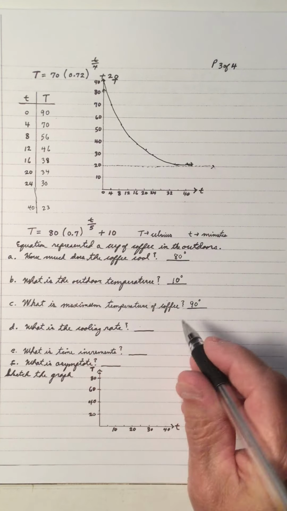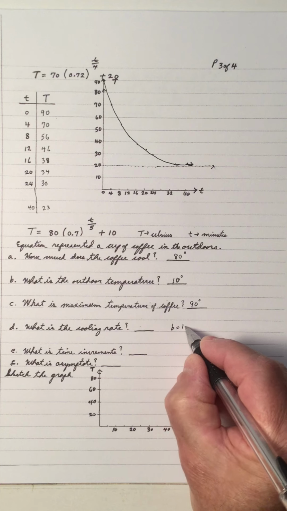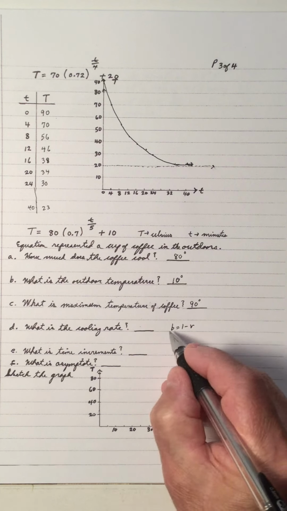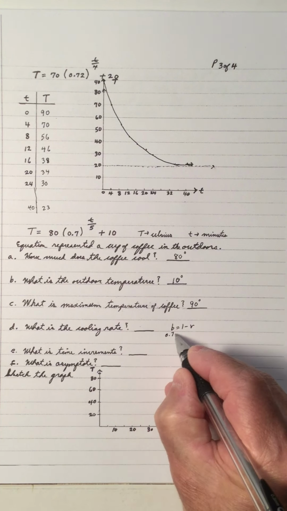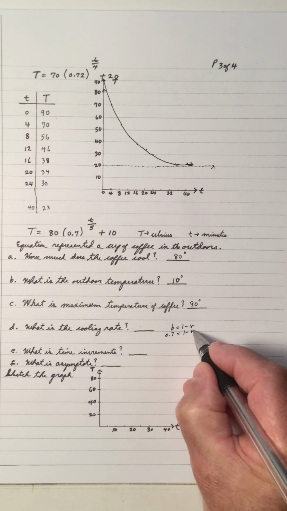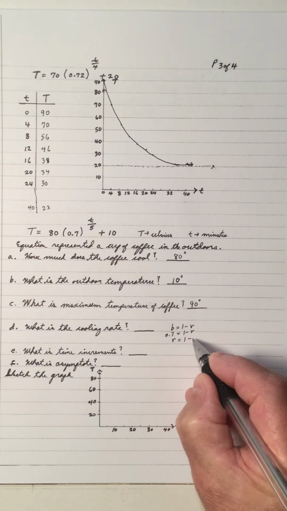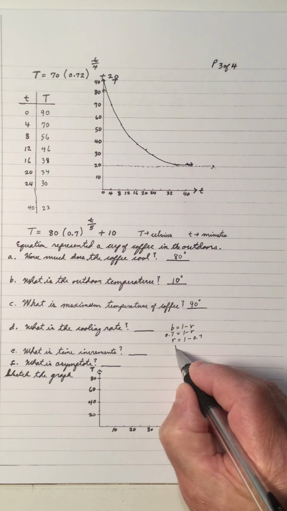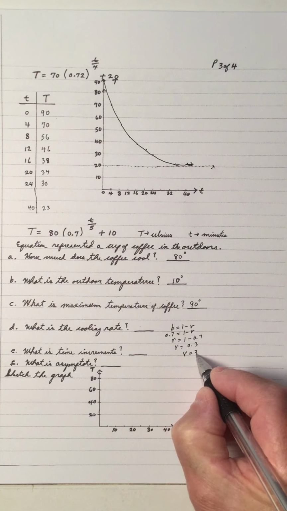What is the cooling rate? Well, the base is 1 minus the rate, and the base is 0.7. So 0.7 equals 1 minus r. Move the r to the left, move the 0.7 to the right, and we get 0.3, so the rate is 30%.